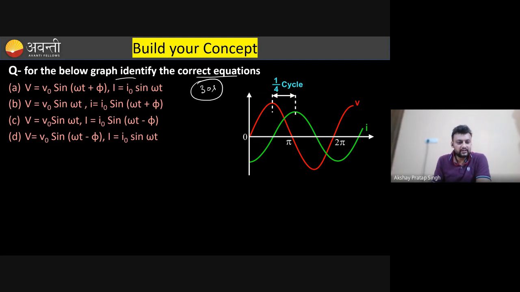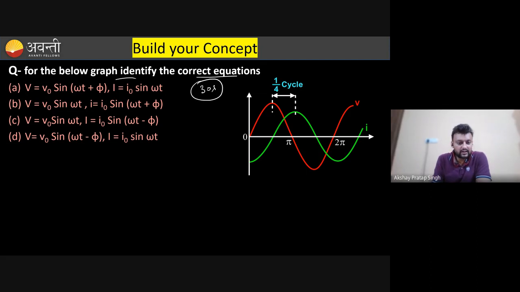Kumar is saying option C. JNV on goal is saying option C. Sheka is saying option C. Joel is saying option B. Okay, so two answers we have.